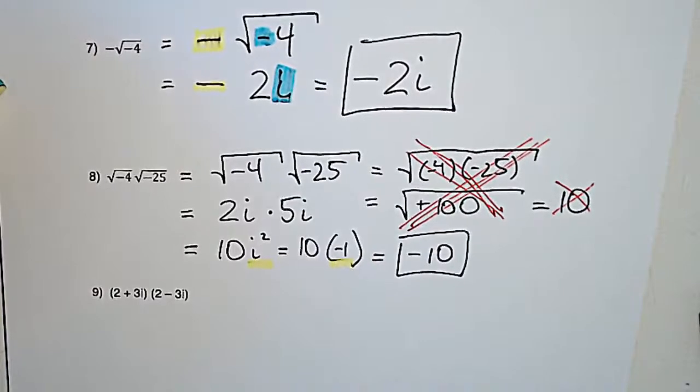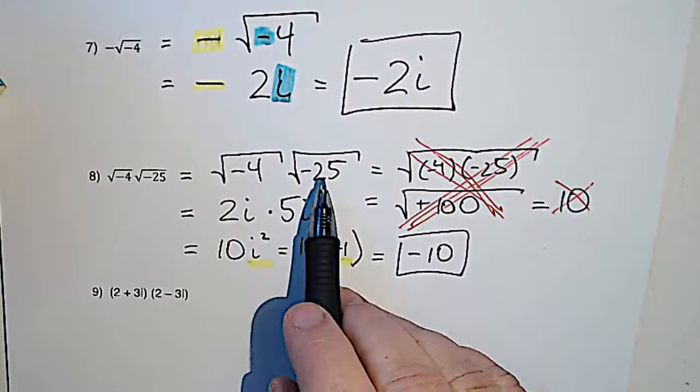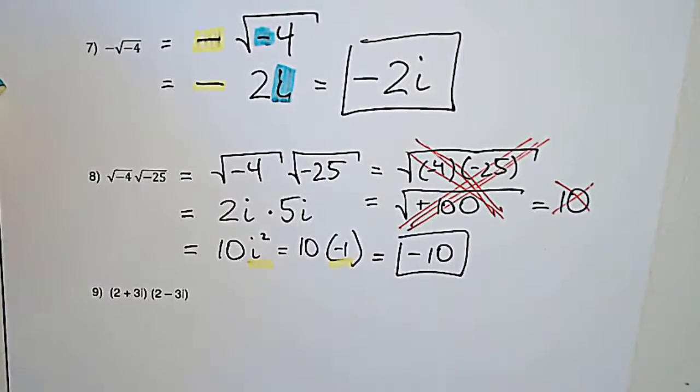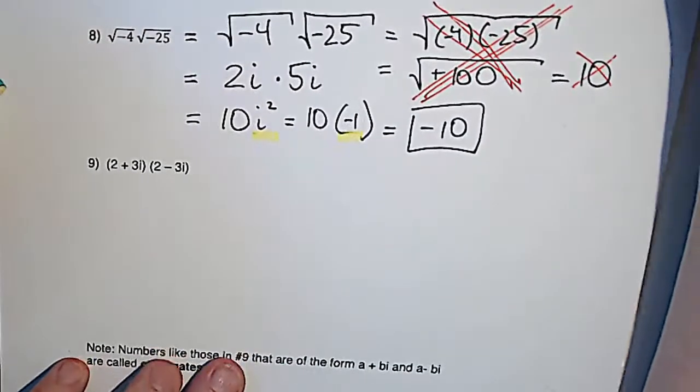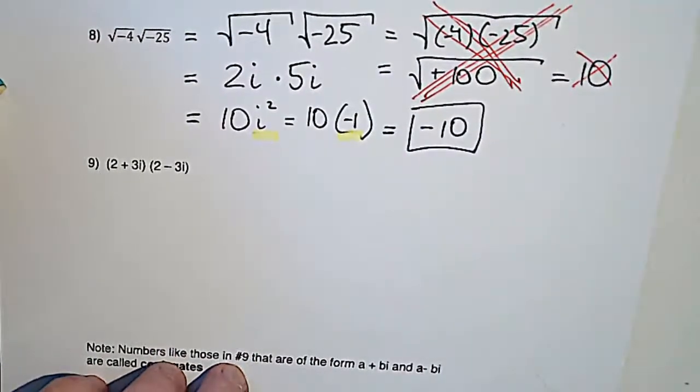Woohoo? I hope it's kind of woohoo. So if you multiply two square roots of negative numbers, you end up with a negative number. It's kind of interesting. This is a weird new world. Complex numbers are really different.